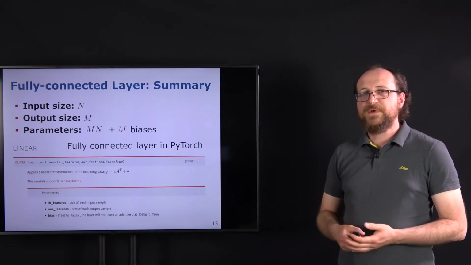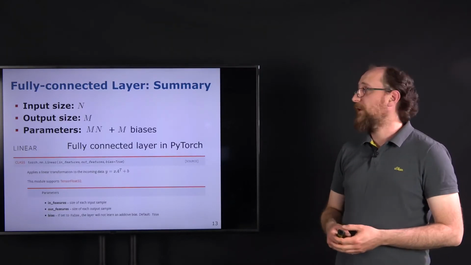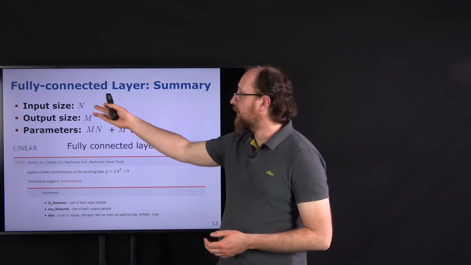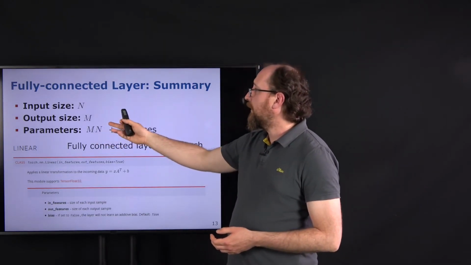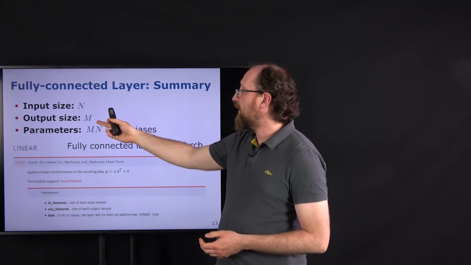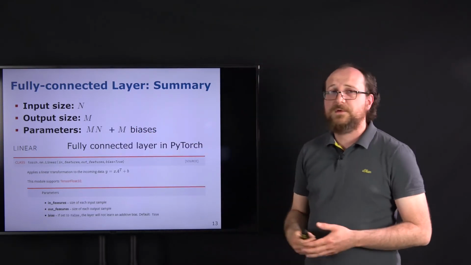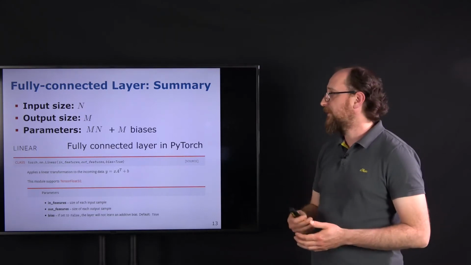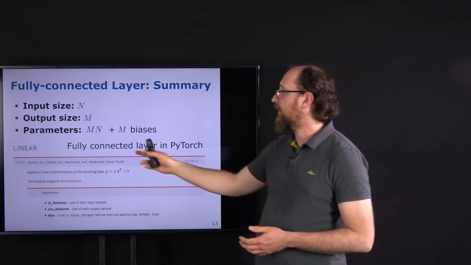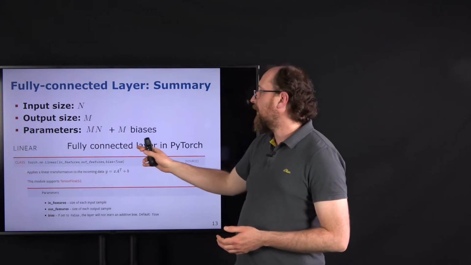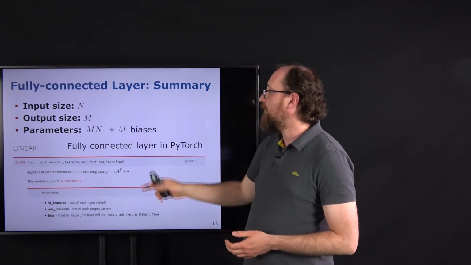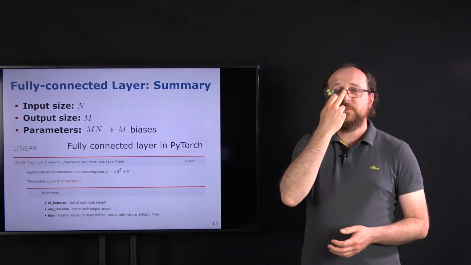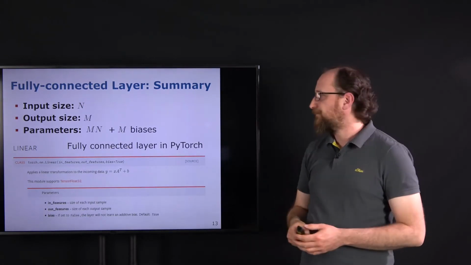In a short summary, the fully connected layer takes n values in and gives out a vector of m values, and therefore we need a matrix to make this linear function, and this is m times n. And because we have m values that we are giving out, we also need m biases.